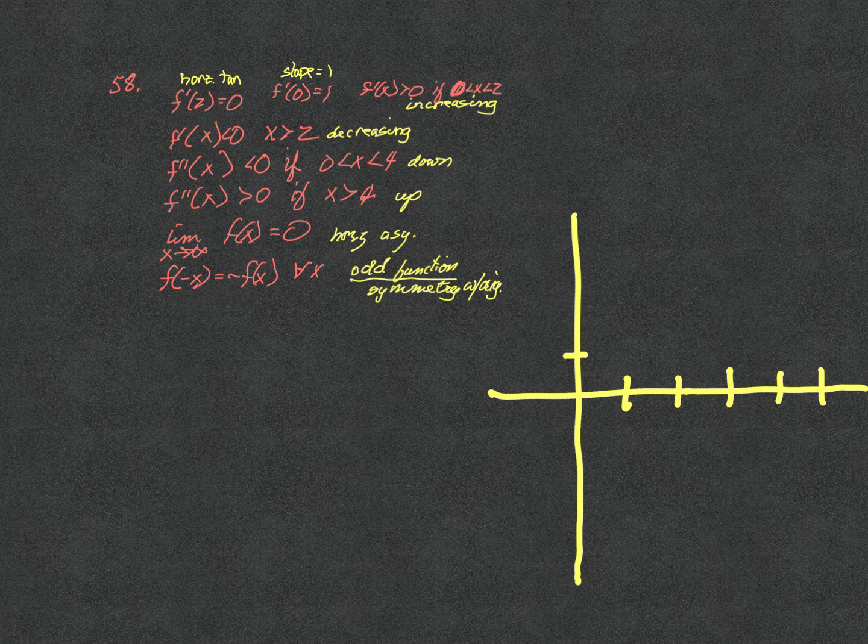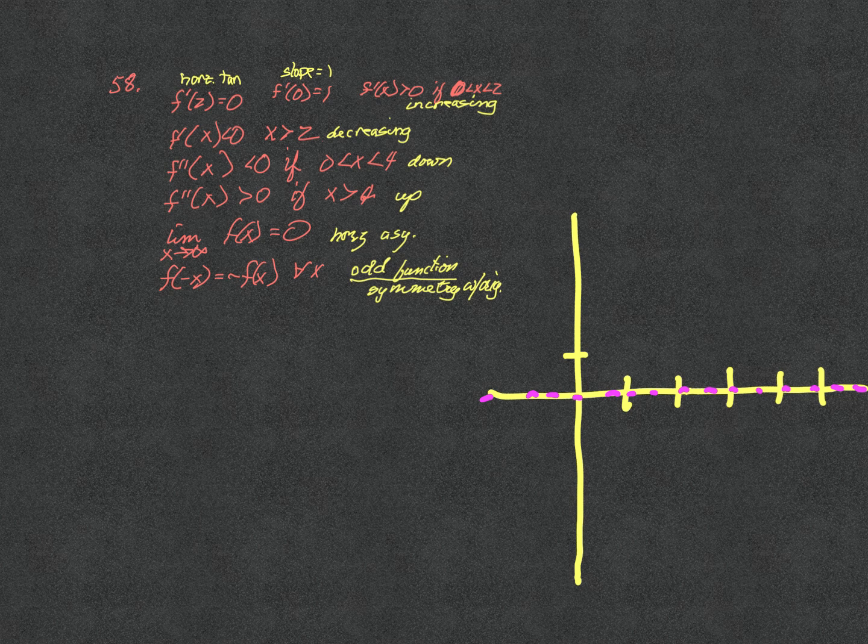So this is our horizontal asymptote. We know that we have a horizontal tangent at 2. Then we're decreasing.